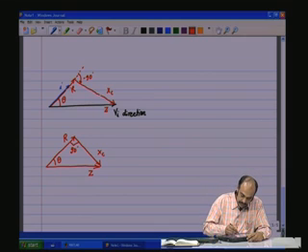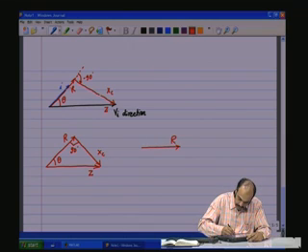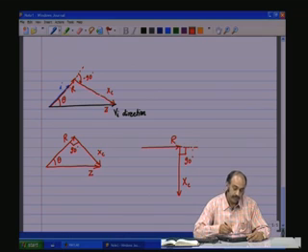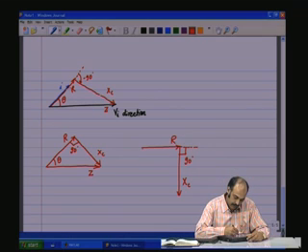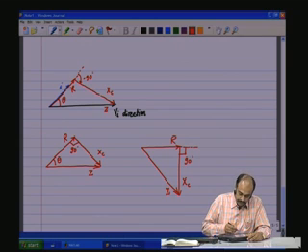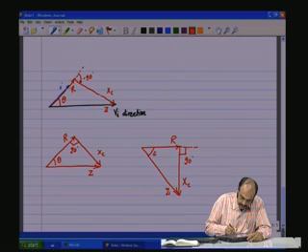Or you could write it in the current axis direction, that is, I have an R just vertical down, XC, which is 90 degrees with respect to this horizontal axis, and then from here we have the Z, and this angle is theta.